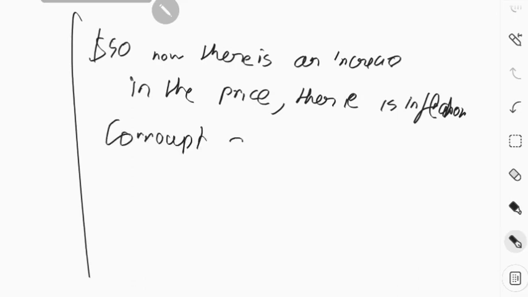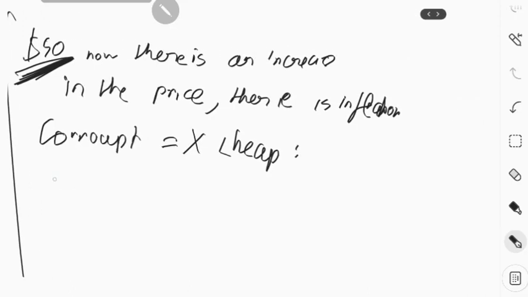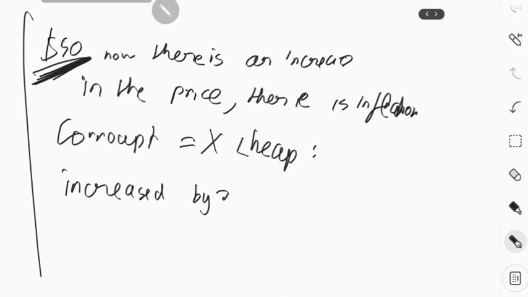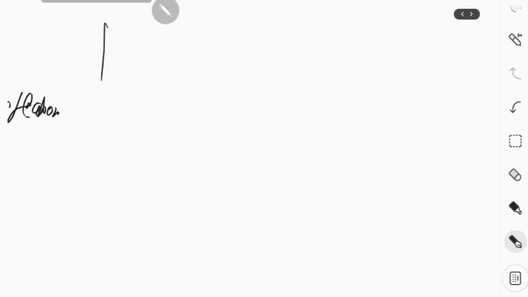So what was once cheap is not cheap. So the ball, which was $40, is now increased by, let's say, 20%. Okay, let's not do 20. Let's do 30%. So there's an increase of 30%.